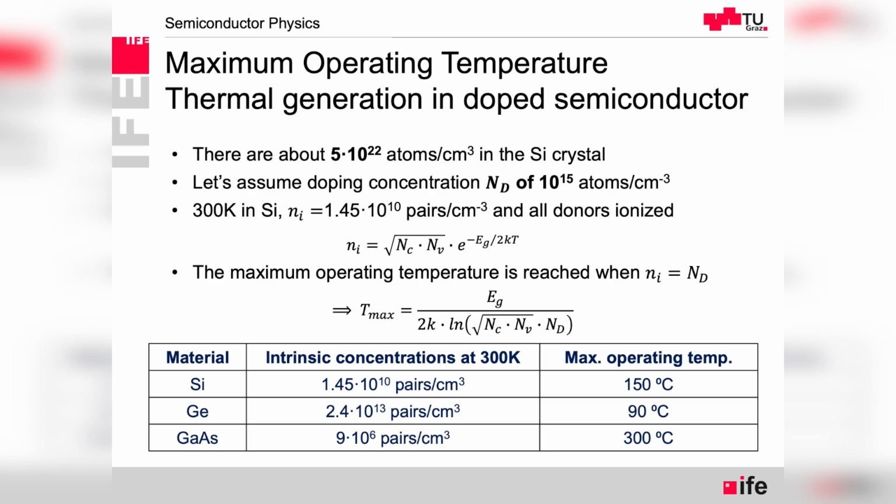So the estimation of the maximum operating temperature is 150 Celsius for silicon. So this is the concentration at room temperature, and at 150 we will have a different concentration. Then for germanium it's much lower because of the lower energy gap, 90 degrees, and for gallium arsenide 300 Celsius degrees.